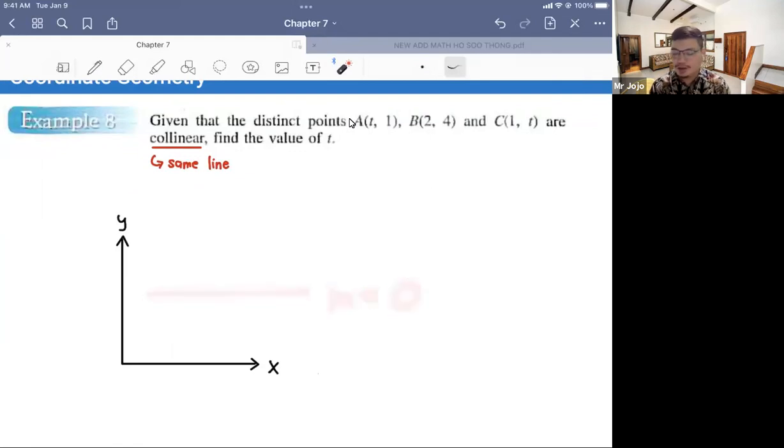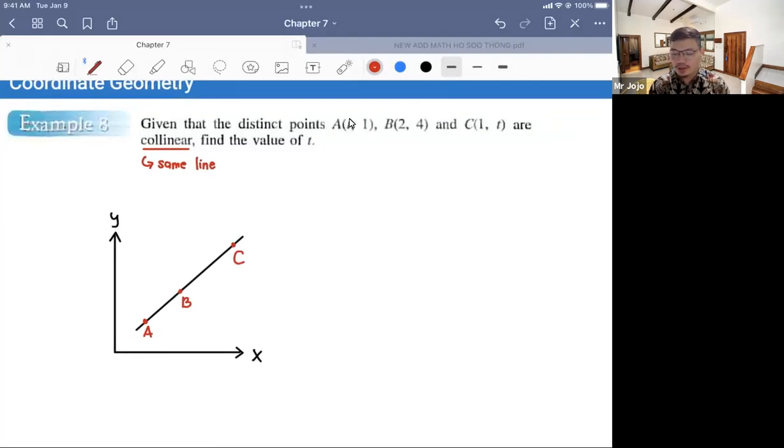So I'm assuming the gradient of this is positive. Now let me plot those points. Point A is here, point B is here, and point C is over here. The point here, class, is that these 3 points are on the same line. That's why we call them collinear.